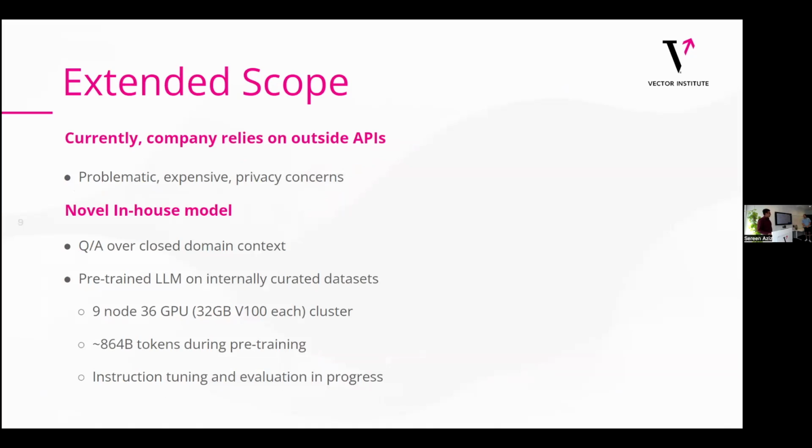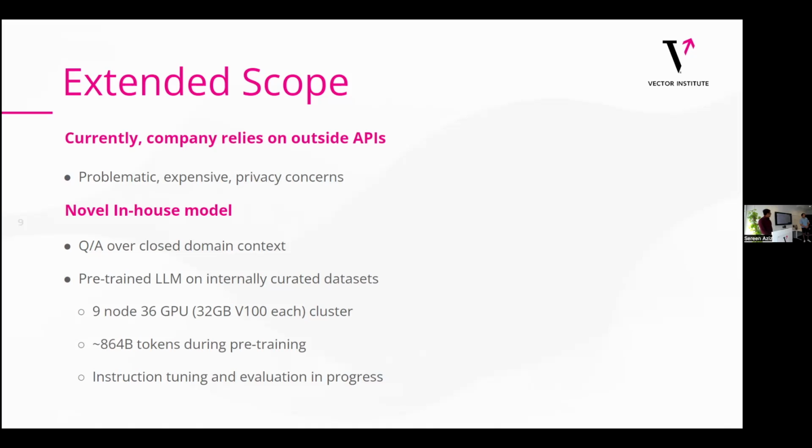So let's get onto a bit of our extended scope goals now. We've improved what we set out to do at the start of our project. So now our hope is to improve the company as a whole, which is to move away from the constant and hopefully unnecessary API calls. As everybody knows, using outside APIs for your internal products can be very problematic, including having to use the constant expenses of making these API calls to these large language models.